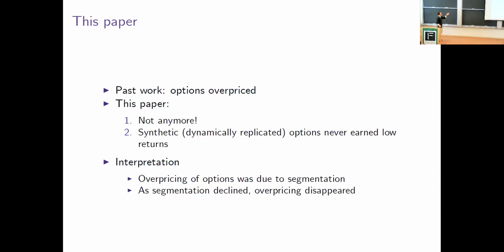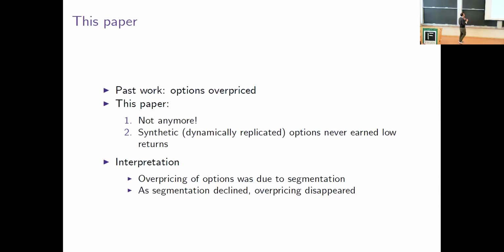Past work finds options are overpriced. We're going to say two things in this paper. Number one, that does not appear to be true anymore. It hasn't been true for 10 or 15 years. Number two, synthetic options: if you dynamically replicate an option, just doing the Black-Scholes kind of replication, really just delta hedging, those options never earned low returns.